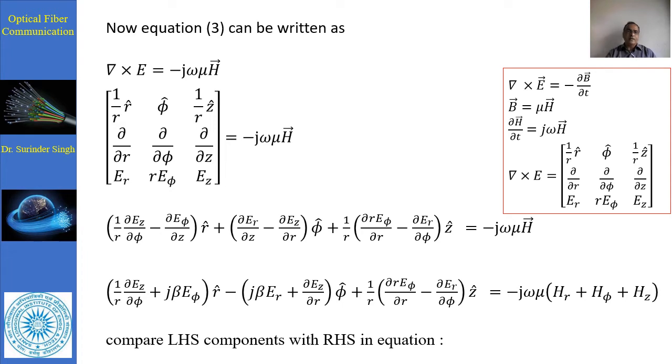Now, as we know, del cross E is taken in the coordinate system r, phi, z with 1 upon r, where the vector r is also a function of z, then d upon dr, d upon d phi, d upon dz, and the fields E r, E phi and E z.